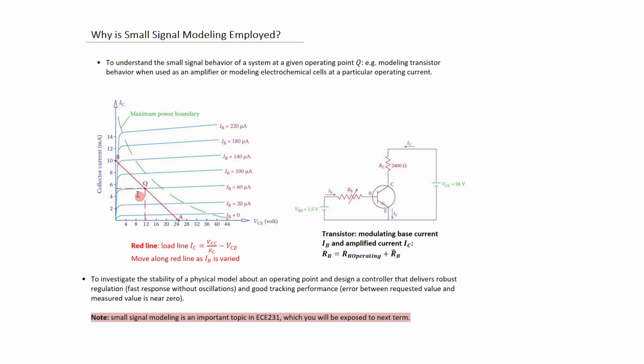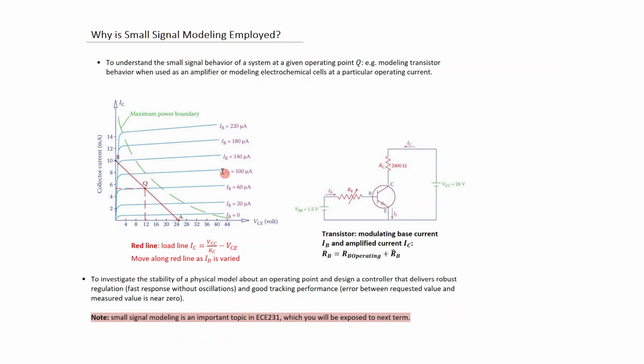The operating point is where this load curve intersects one of the characteristic curves for the transistor. So for this example, this intersection point that you see here is Q. This is the operating point. That means we're putting 60 microamps in, and we'll get a collector emitter voltage of 12 volts. That's the operating point.